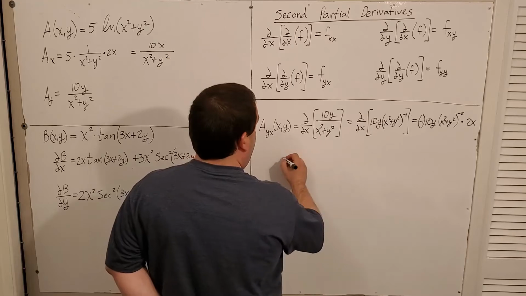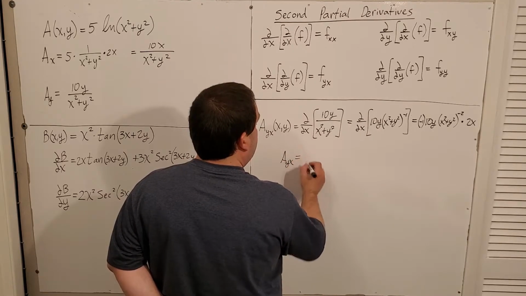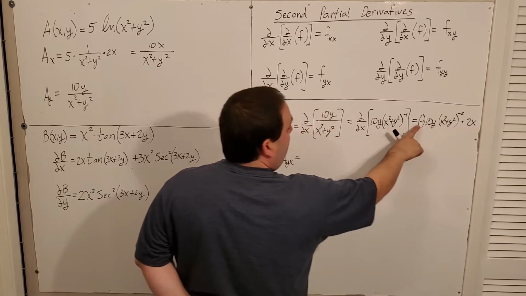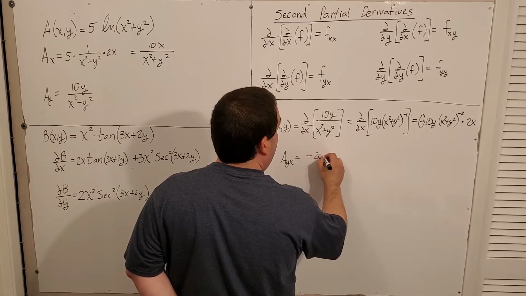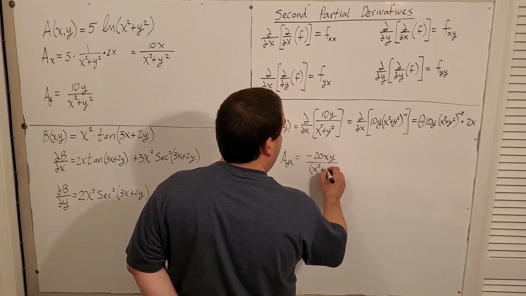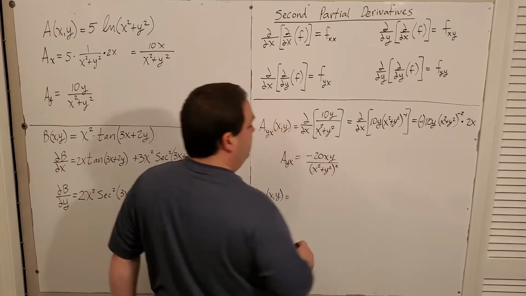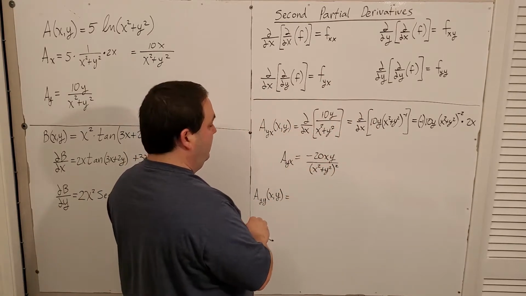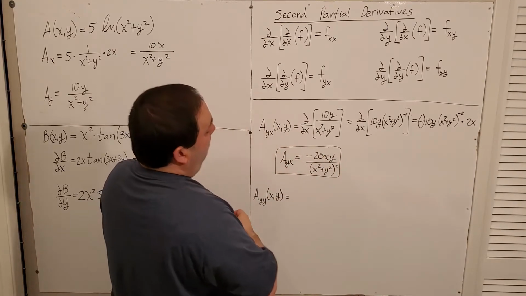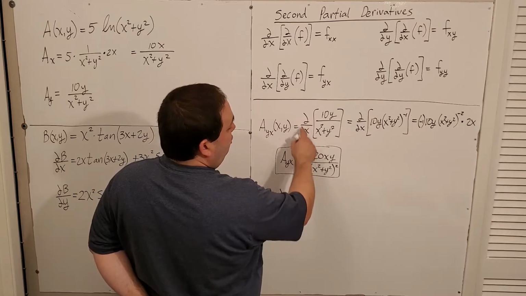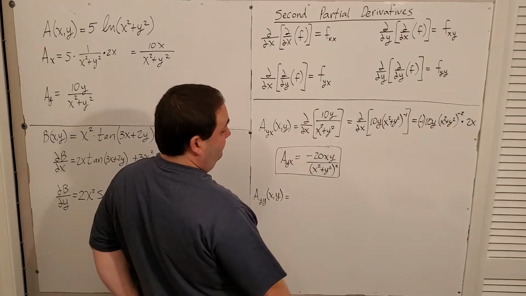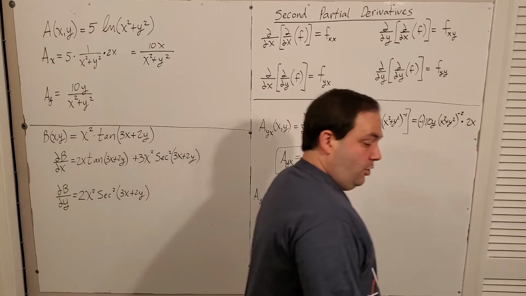So this a sub yx is going to be equal to, I've got a 20xy with a negative, so negative 20xy over x squared plus y squared quantity squared, because a negative exponent, I just move it back down again, right? Or you could have done a quotient rule, but I want you to note that the partial derivative with respect to x of the numerator is 0 in this case.